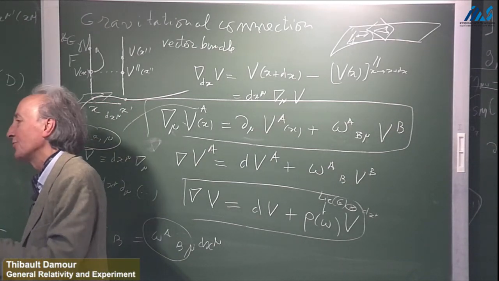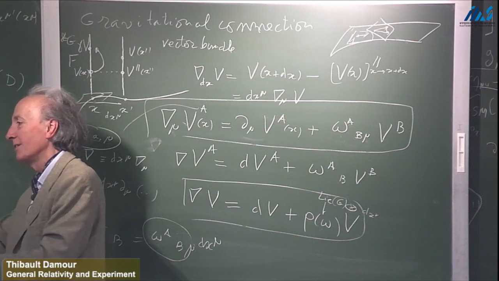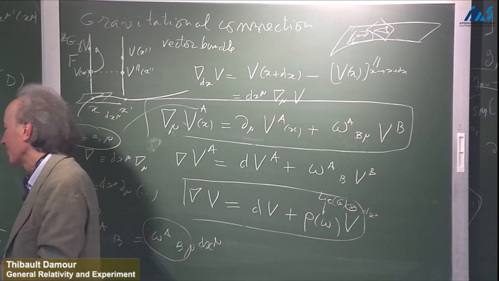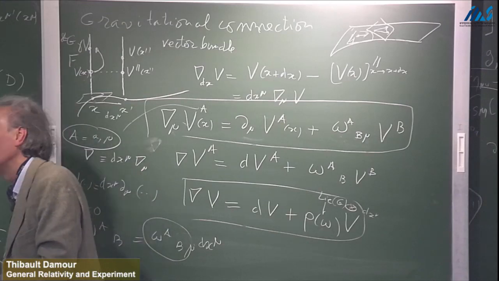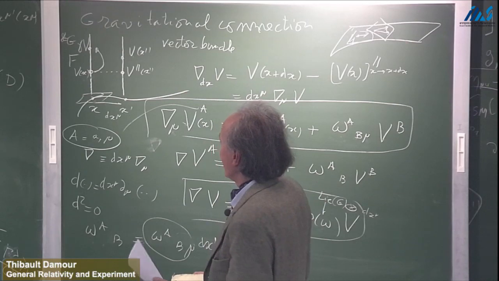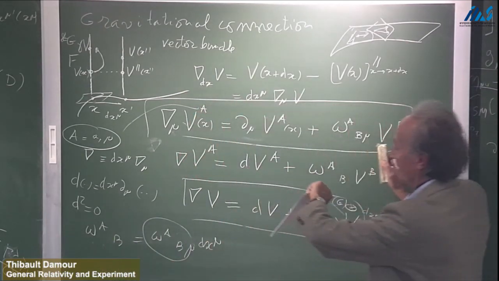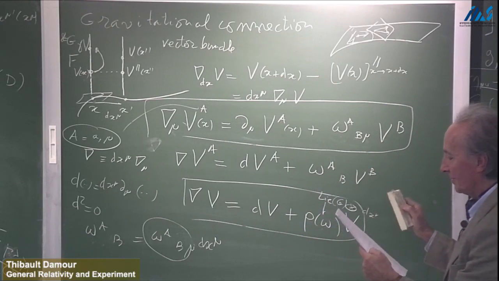When this object has no internal tensor indices, you cannot even write a Riemann tensor. So for this case, you don't have Riemann. That's why you can impose this. So it's important that it's a scalar field. Yes, very important.